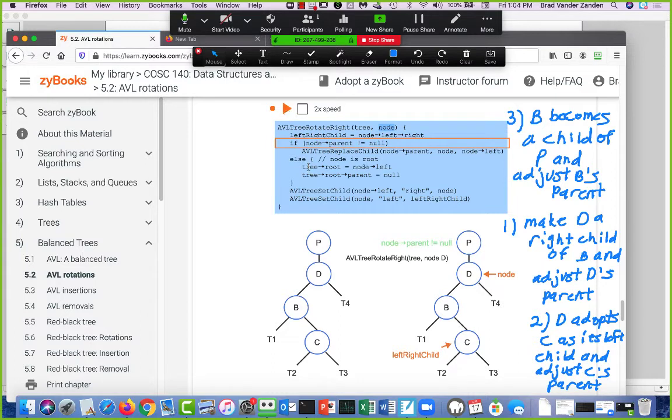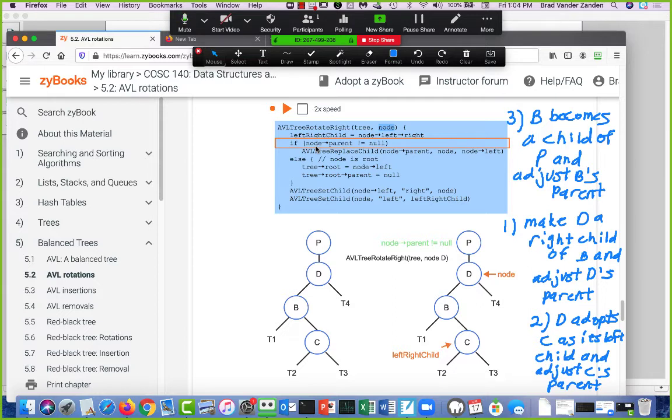So now we move on and we're checking to see whether the node actually has a parent. Now again, this is handling the special case of a root, which you should not have to deal with in Lab 11 because we're using Sentinel nodes. And remember, Sentinel nodes get rid of these special cases.